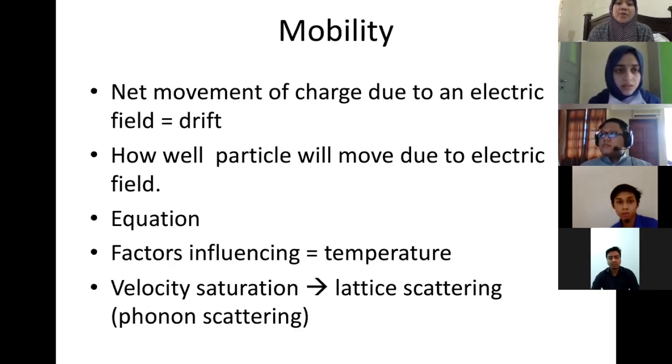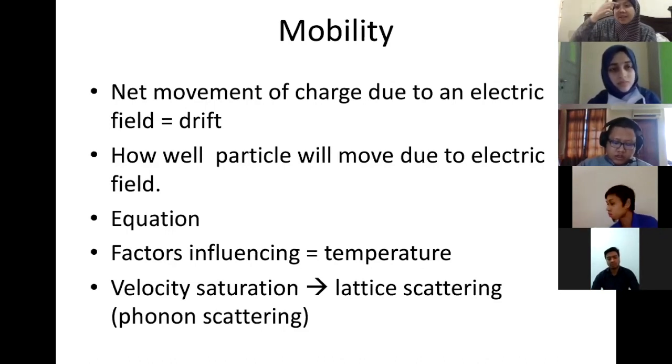As you increase the temperature, the atoms vibrate, so it is more difficult for the carriers to navigate through the semiconductor. They will bump into the moving atoms, and that will reduce the mobility.